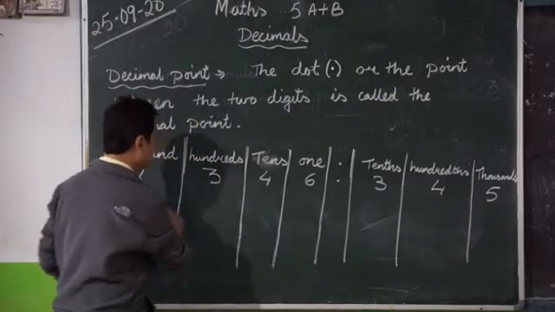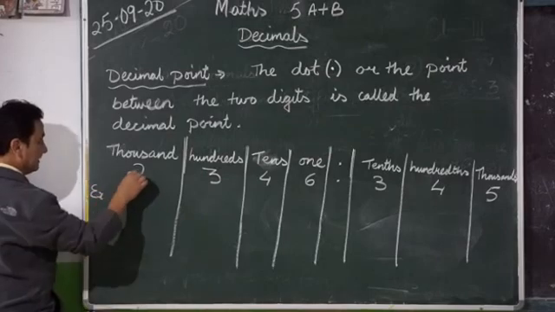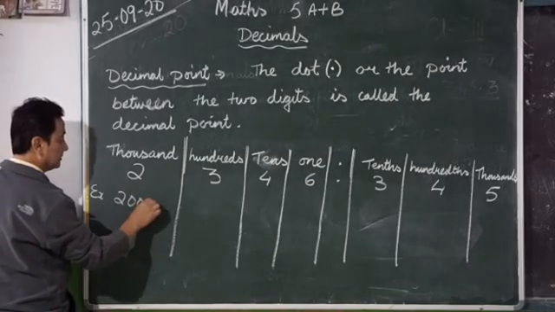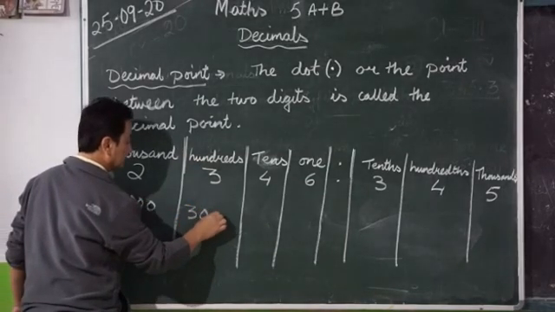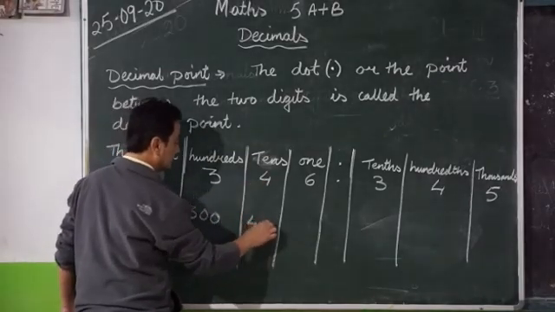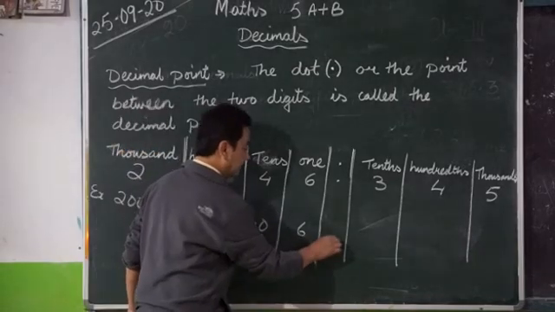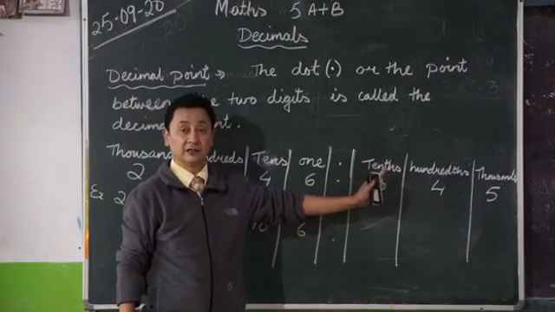And when we expand this, when we expand, 2,000 plus 300 plus 40 plus 6. And now let's do the numbers that come after the decimals.